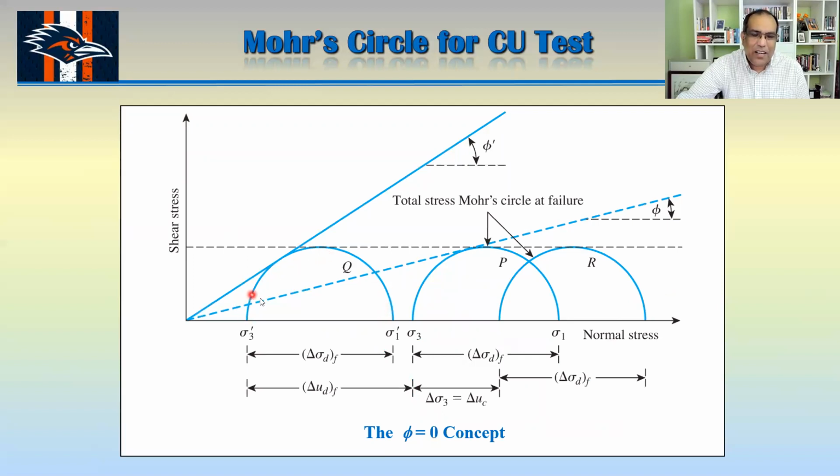This is in terms of effective stress. This is sigma 1 bar, sigma 1 prime, sigma 3 prime. So this one is your phi prime, but usually we don't use that one. We just use the total stress Mohr circle at failure, the phi equal to 0 situation.